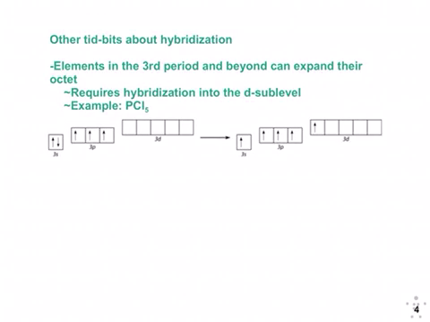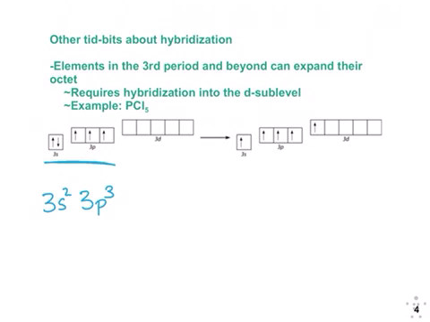A couple other things about hybridization: elements in the 3rd period and beyond can expand their octet. This requires hybridization into the d sublevel. An example here would be PCl5. Phosphorus is 3s2, 3p3, which is drawn here.